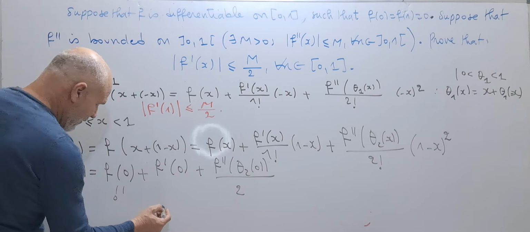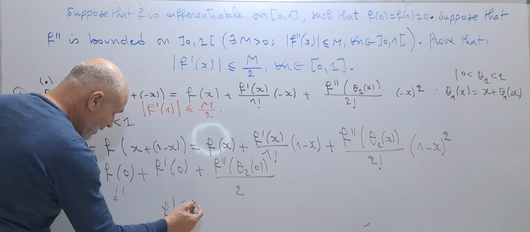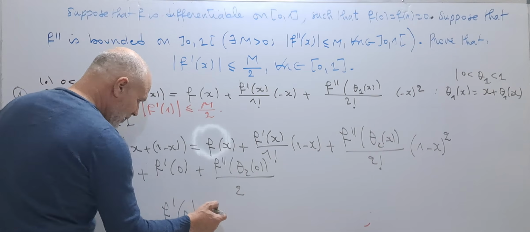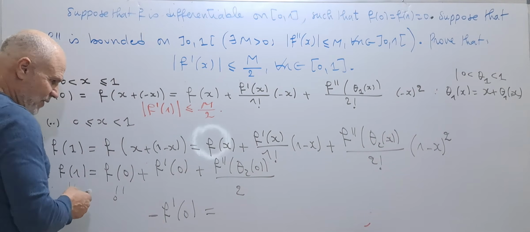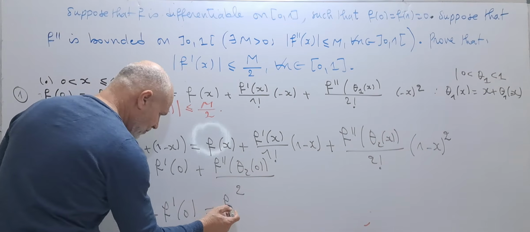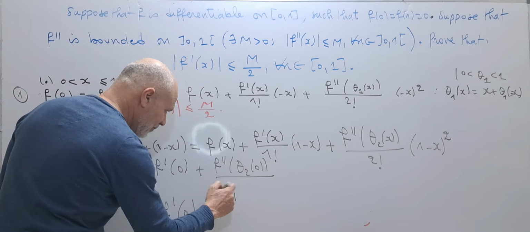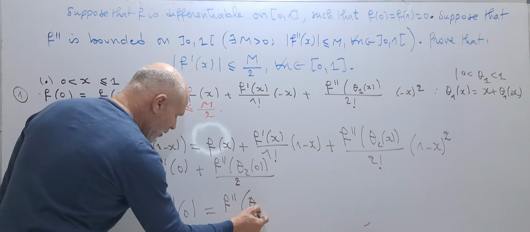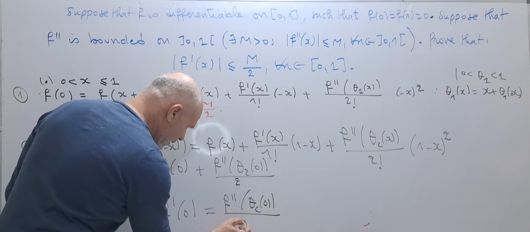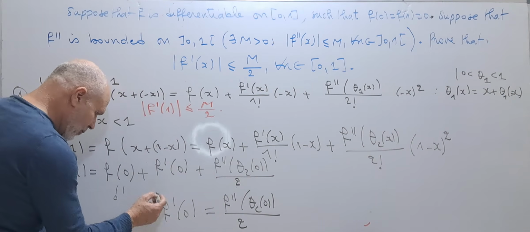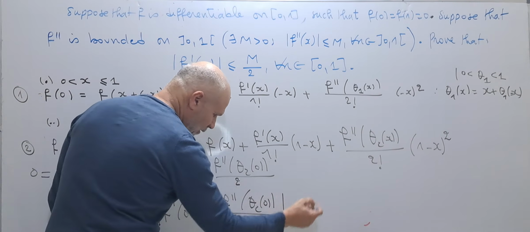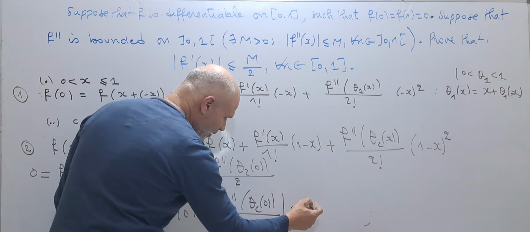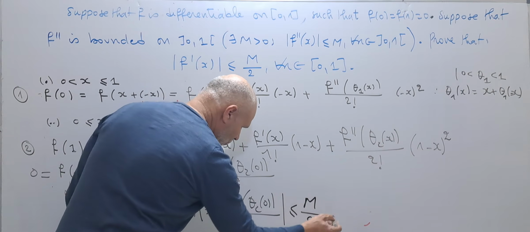So what do we have? We have f prime of 0 equal to minus f prime of 0 equal to f double prime of theta 2 of 0 over 2. Absolute value, they are equal, and this is less than or equal to the maximum, which is M over 2.